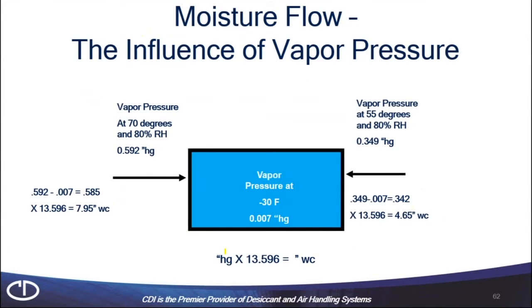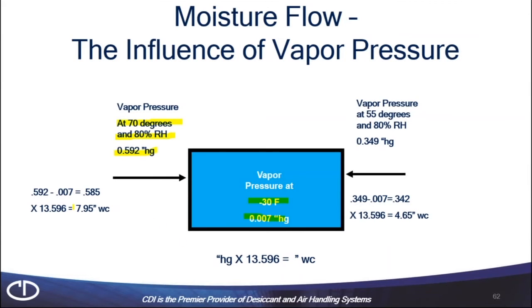This is going to go against even that airflow. So if our processing space, this is entering at the bottom of the spiral freezer, let's say that space is 70 degrees and 80% relative humidity. That's about 0.6 inches of mercury. The freezer on the inside, 0.007. And so that ends up to be about 8 inches of water column differential.